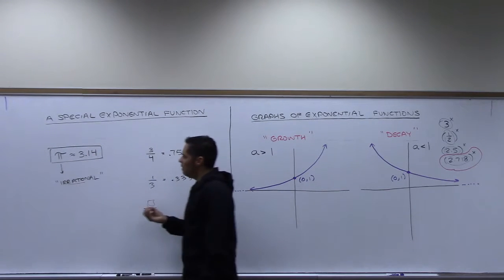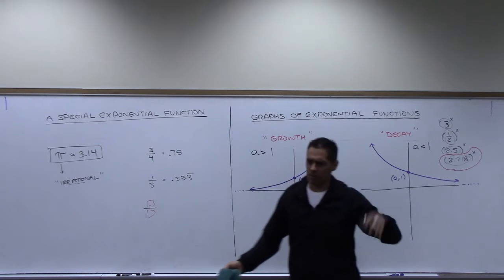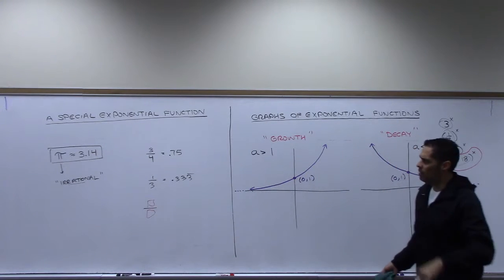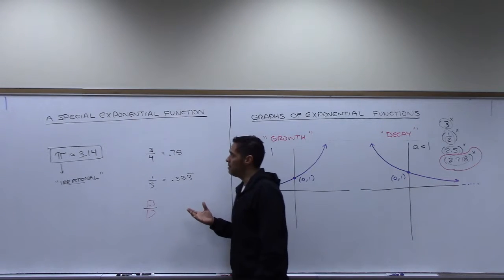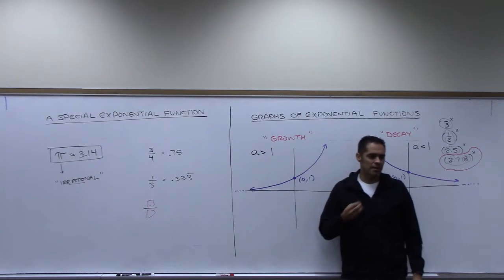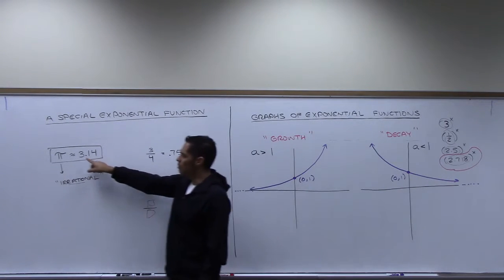So pi is a very special number in our number system, and we use it for finding areas of circles, circumferences and so on. But there's another very important number in our math system that's so special that, again, we represent it with a letter. See, this is a number, right? But we represent it with a letter.